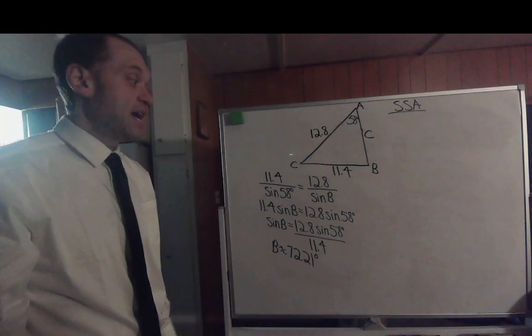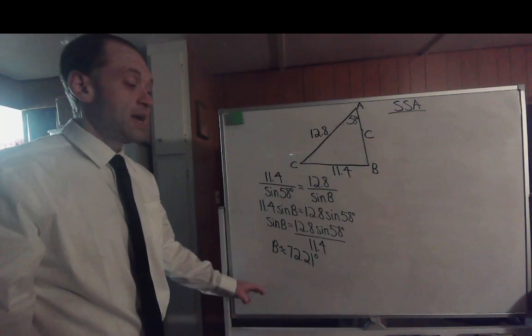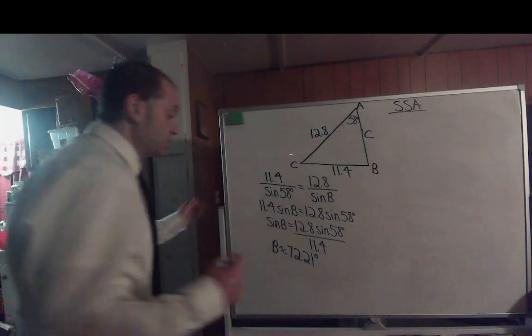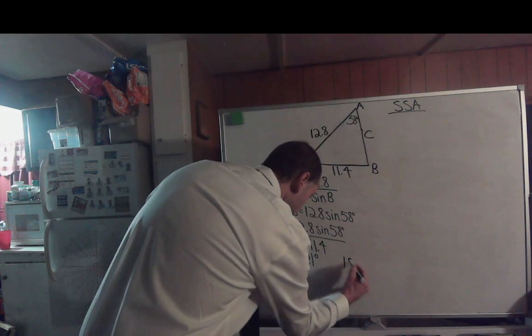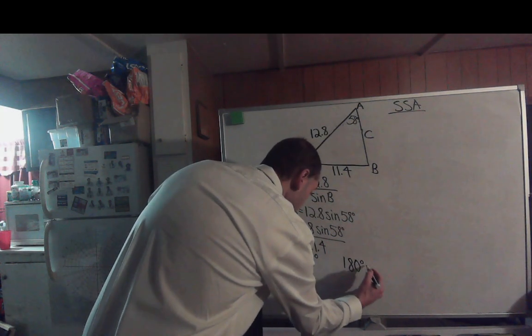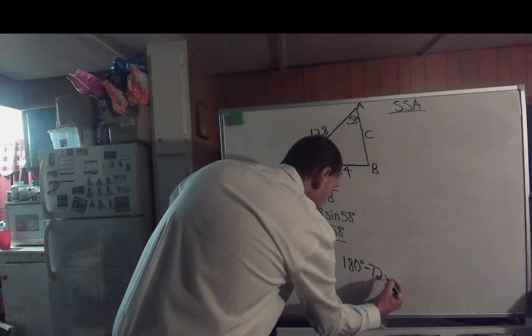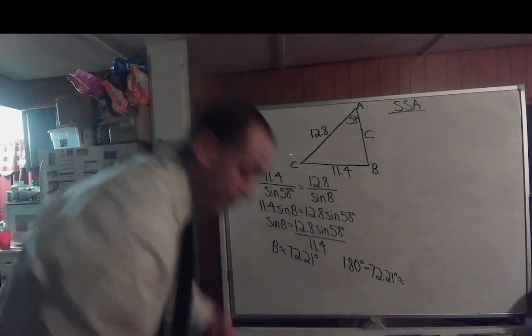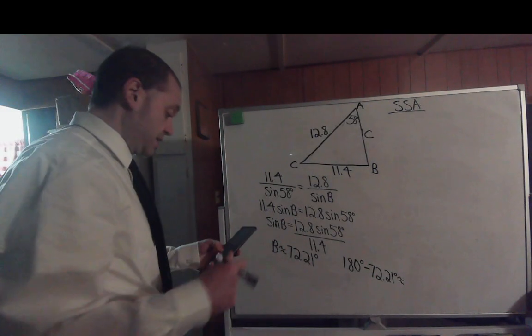Which means you could have a second quadrant angle. How are you going to determine that? So let's take 180 degrees minus that 72.21. And you should get an approximate answer for a second B, possibly.